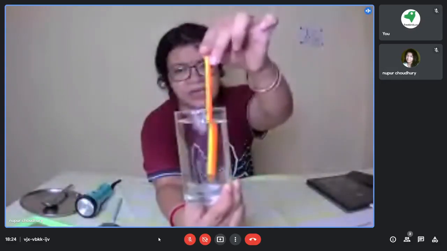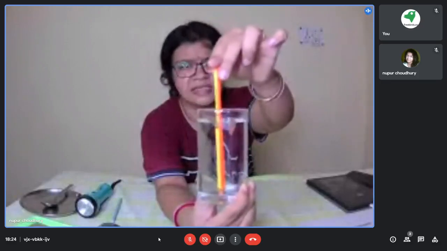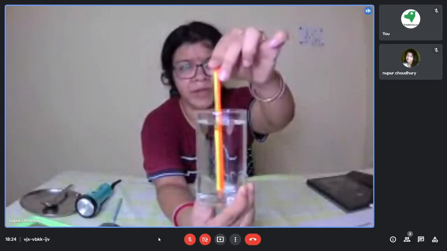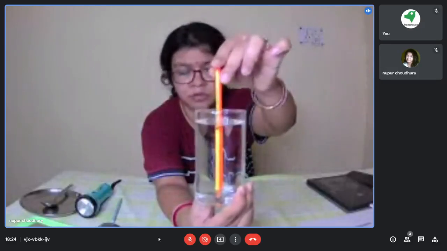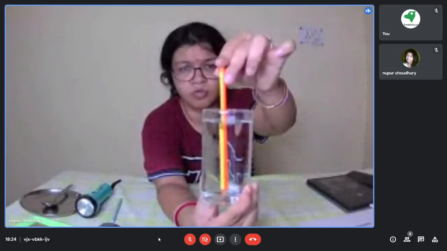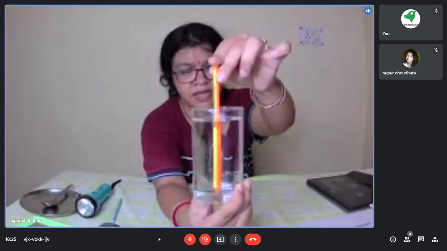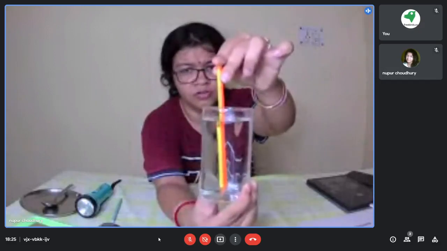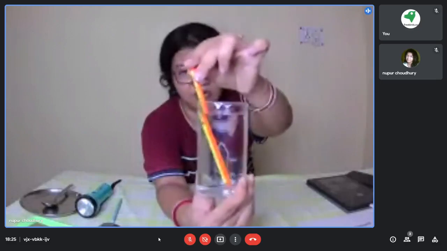Similarly, if I'm not creating any angle of incidence, that means light is falling parallel to the normal, then there will be no refraction. And if there is an angle of incidence, definitely there will be a refraction.